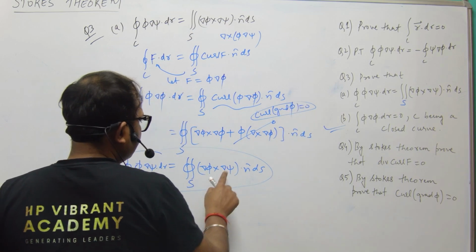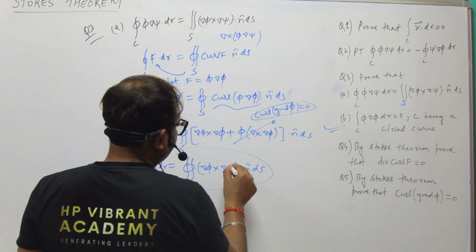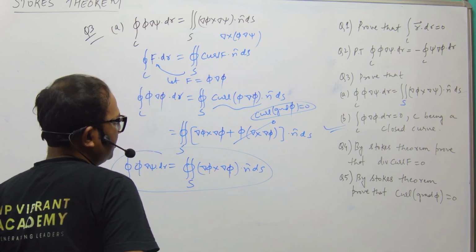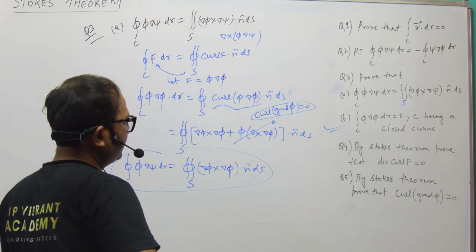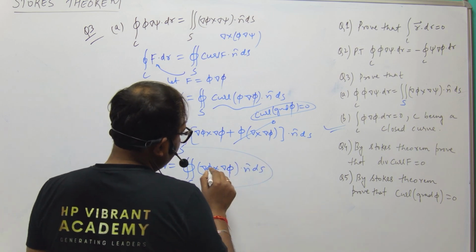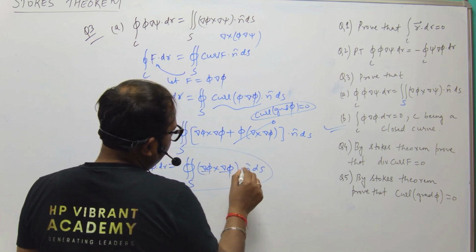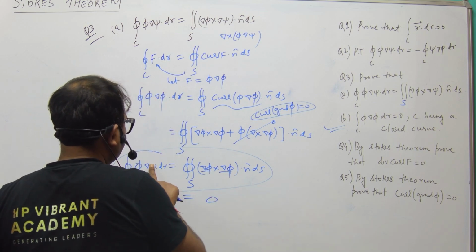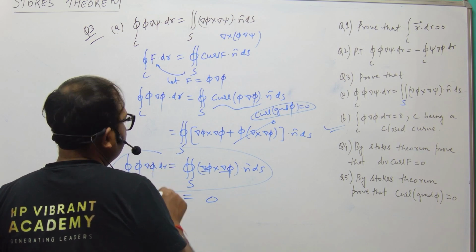We are left with this one: del phi cross del phi dot n cap dS, and the cross product of the same vector is equal to 0. These two are the same vector, del phi and del phi, so it is equal to 0. So we have the integral of phi times del phi dot dr is equal to 0.